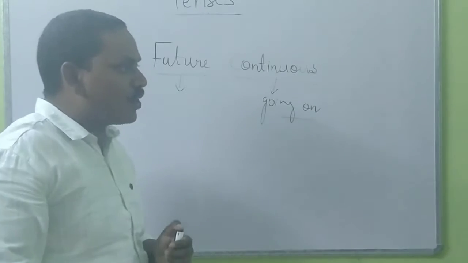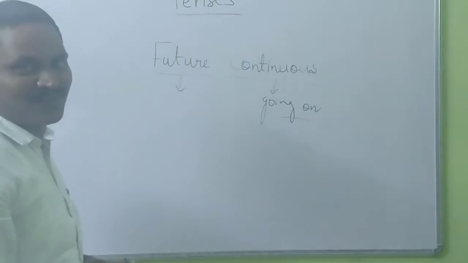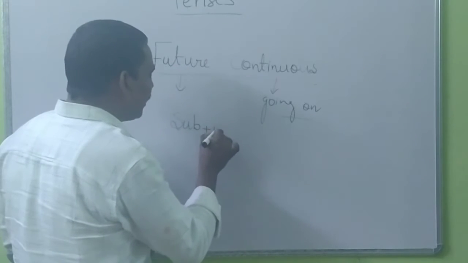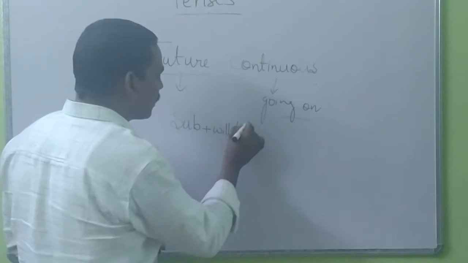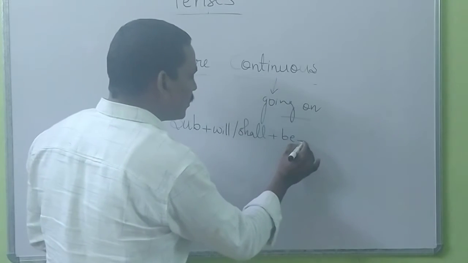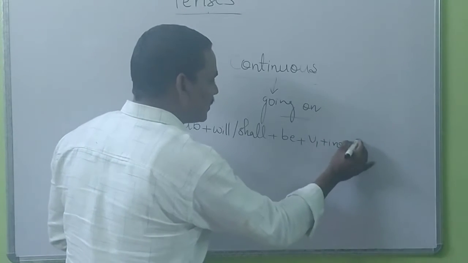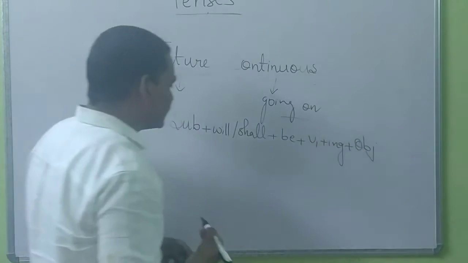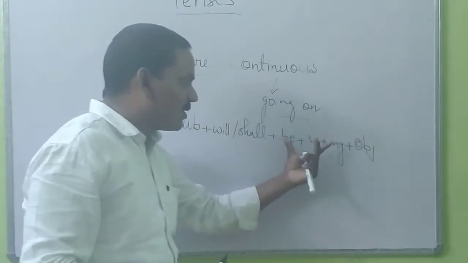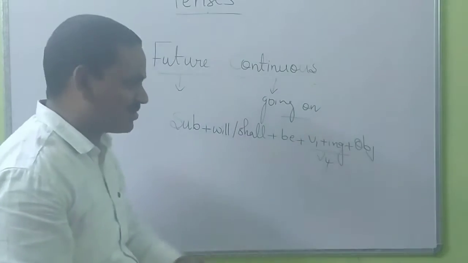Right. So now, what is the structure we have to use in future continuous tense? Let us see this. Subject plus will or shall plus be plus verb in V4 form plus object.